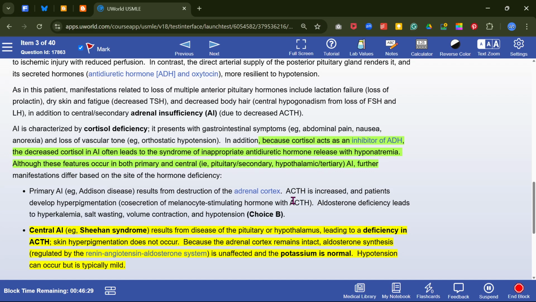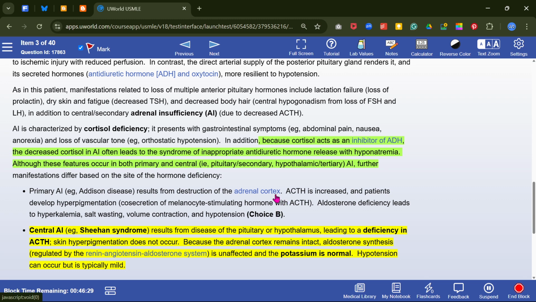So cortisol is low, ACTH is high, and the patient develops hyperpigmentation due to co-secretion of melanocyte-stimulating hormone with ACTH. Aldosterone deficiency leads to hyperkalemia, salt wasting, and volume contraction.